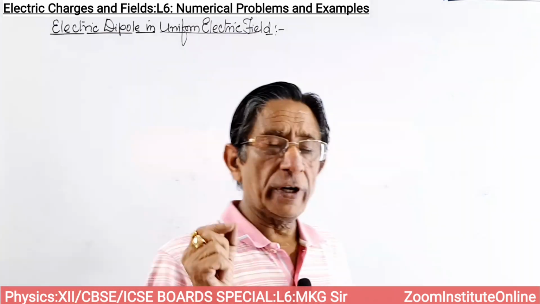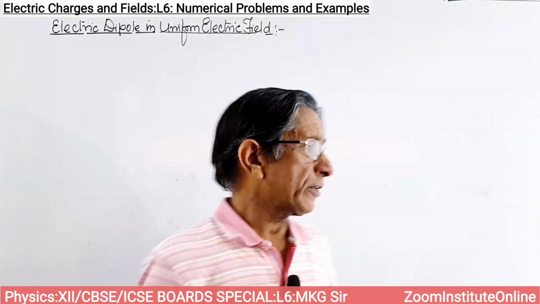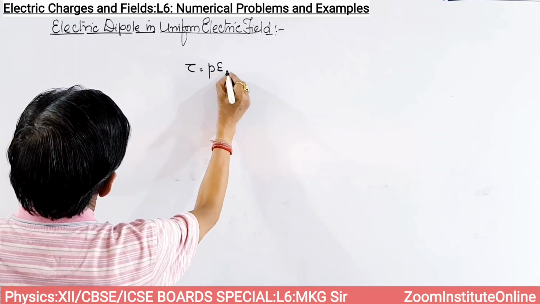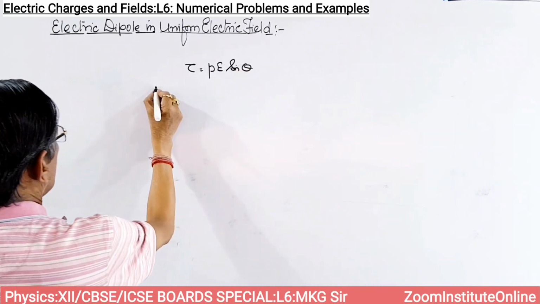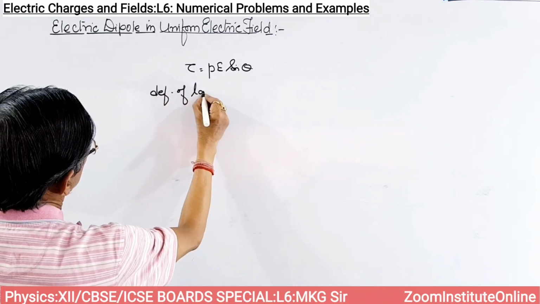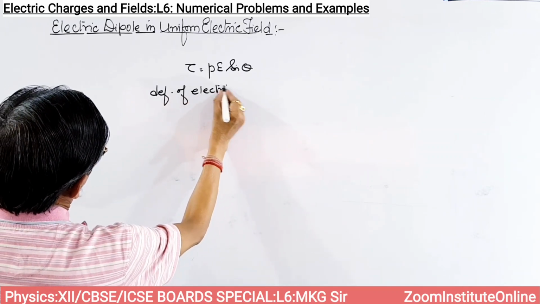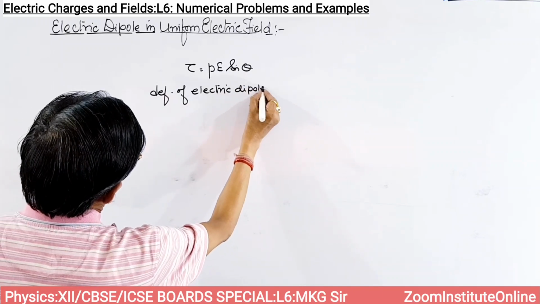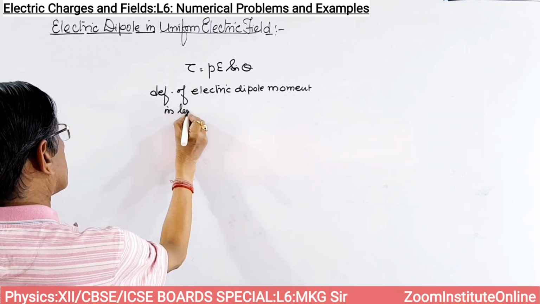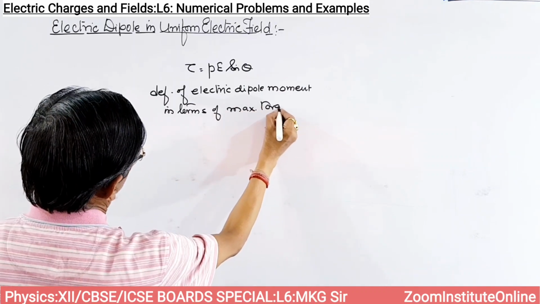Students, we have studied about the torque acting on electric dipole placed in uniform electric field, and the formula is tau is equal to pE sin theta. Now, definition of electric dipole moment in terms of maximum torque.